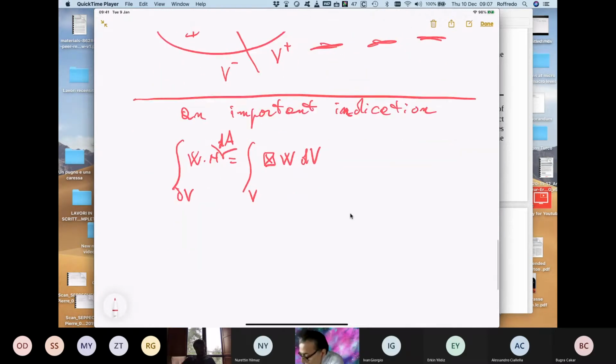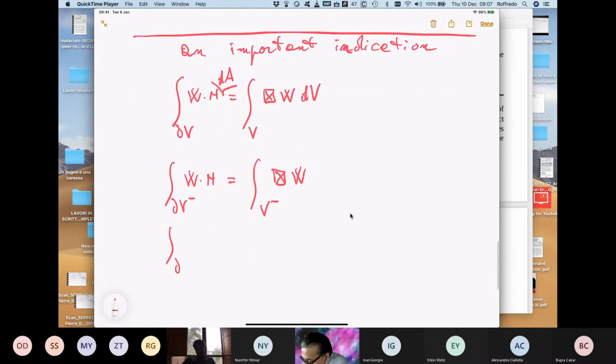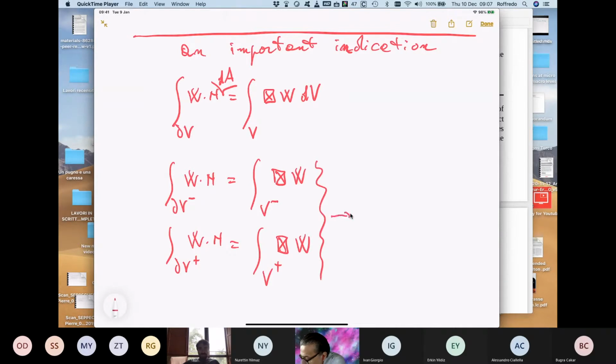Because if you have that the integral on the boundary of V minus of W dot n is equal to the integral on V minus of something applied to W, and the integral on the boundary of V plus of W dot n is equal to the integral on V plus of something applied to W, clearly these are two volume integrals and they are additive.